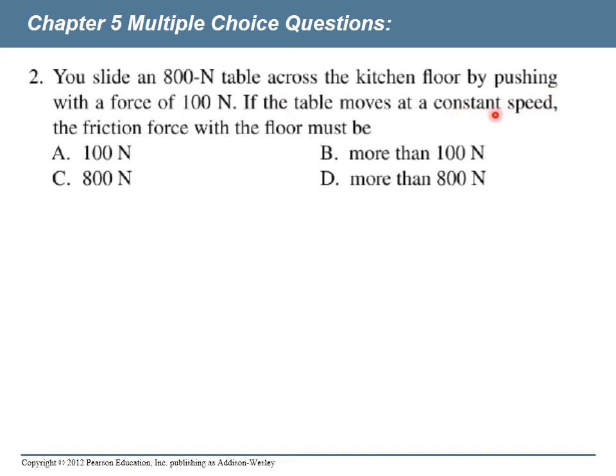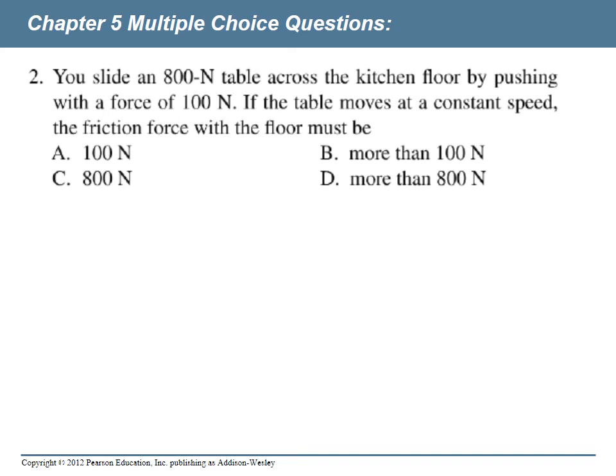Constant speed means that the speed is not changing, right? Which means neither is velocity, and it is not accelerating. So if it's not accelerating, then it must be in equilibrium, right? So if it's in equilibrium, then the sum of forces must also be equal to 0.